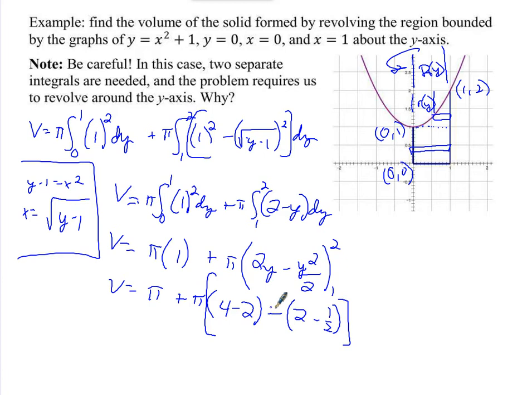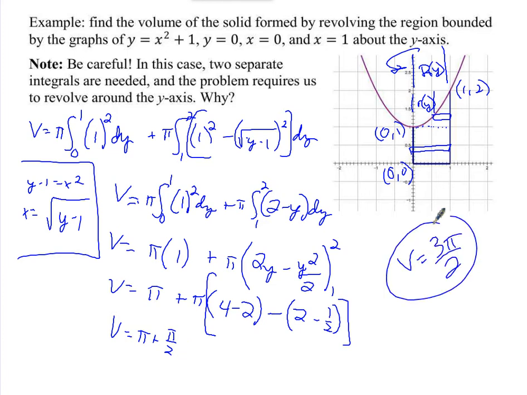So we got 2 minus 3 halves, 1/2. So this is V equals pi plus pi over 2, which is 3 pi over 2. There's your answer.